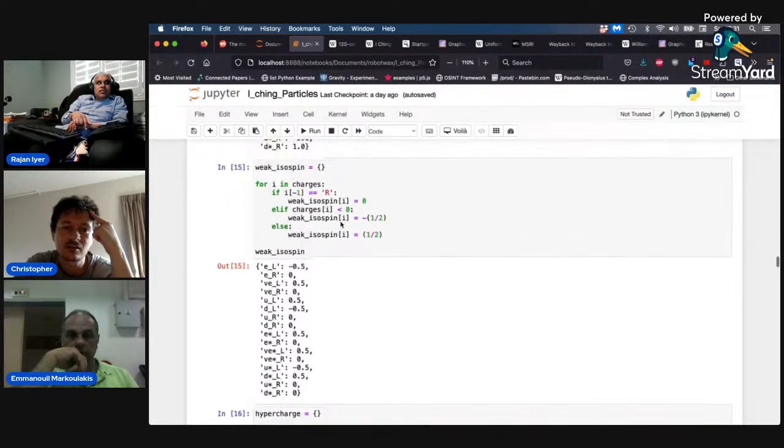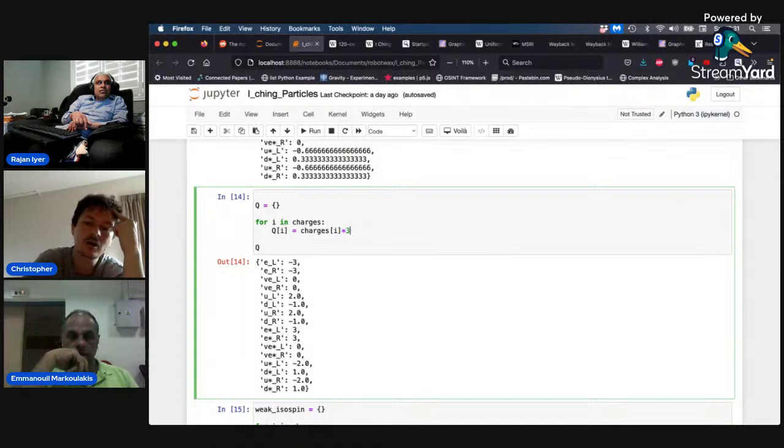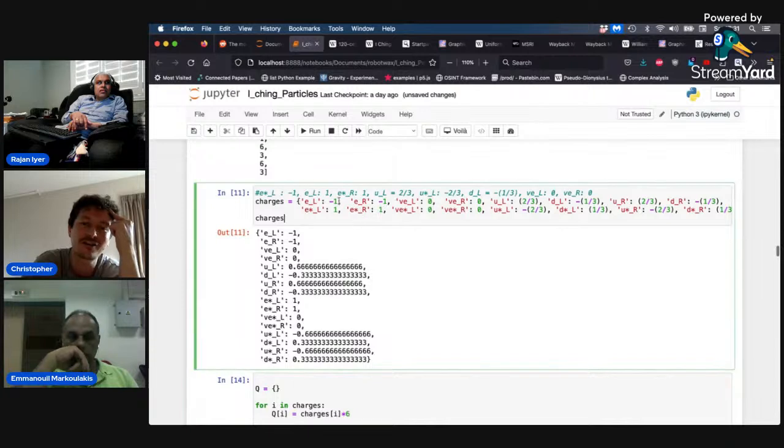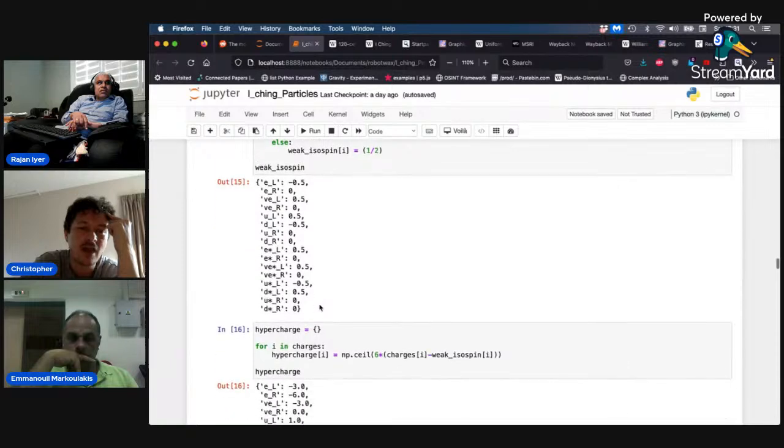So that's an interesting point. You're saying we could just multiply by 6 and get these values, which are perfectly valid.